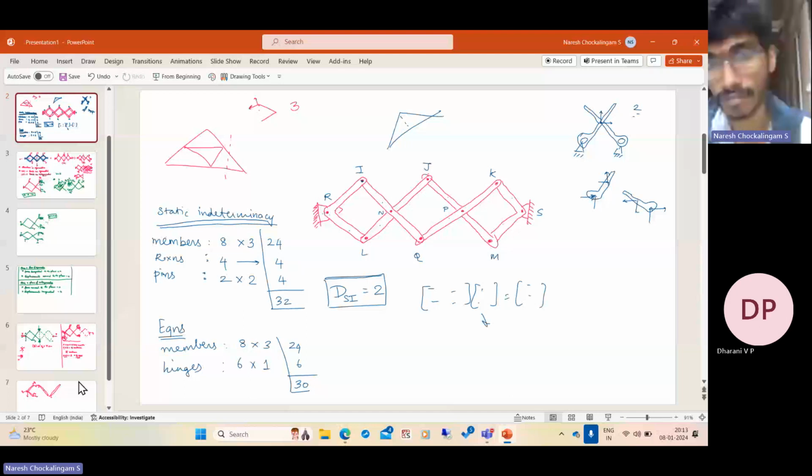And for each of these bodies, we have 3 equations of equilibrium, so 3 into 3, 9 equations. And if you know all the conditions, you can determine the internal force. So the degree of static indeterminacy is 1. So by symmetry boundary condition, we have reduced the degree of static indeterminacy to 1.